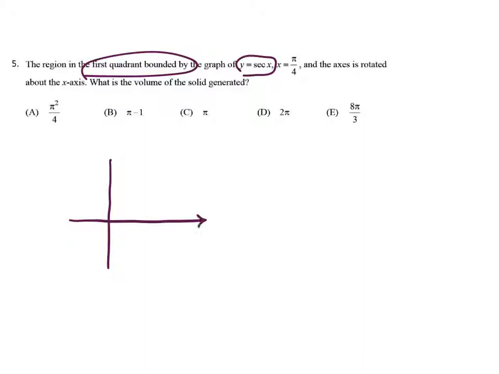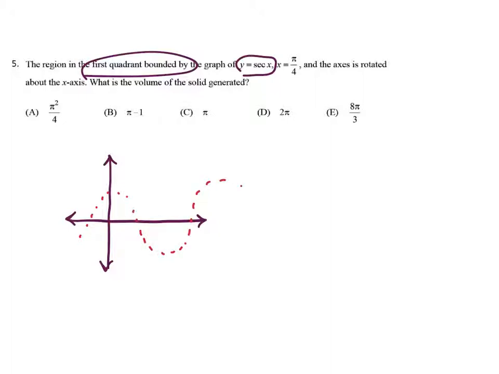All right, so number 5. We're in the first quadrant, and we're talking about y equals secant. So that's just a lot of floating parabolas. So let's think about secant is the reciprocal of cosine. And I'm just going to dot the graph of cosine. It's going to do something like this.